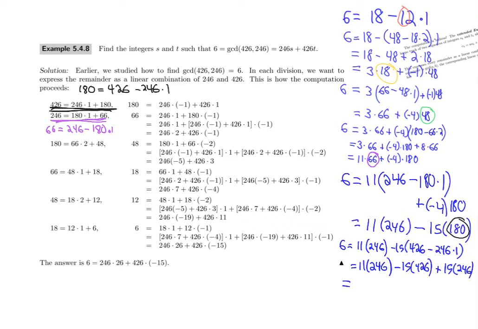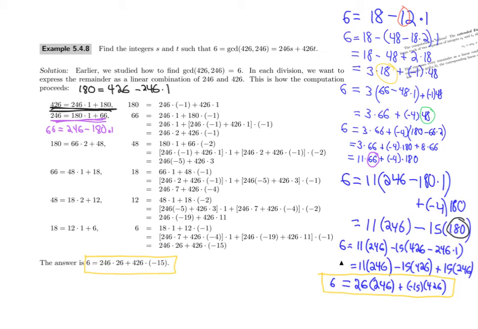Again, thinking of the 426 and the 246 as variables, we quote-unquote combine the like terms, which means we'll get 26 times 246 plus -15 times 426 is going to equal 6. And this is exactly what we wanted. We've now expressed 6 as an integer linear combination of 246 and 426.